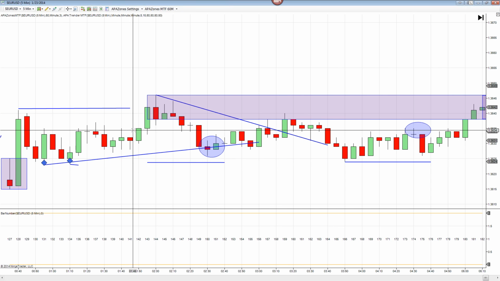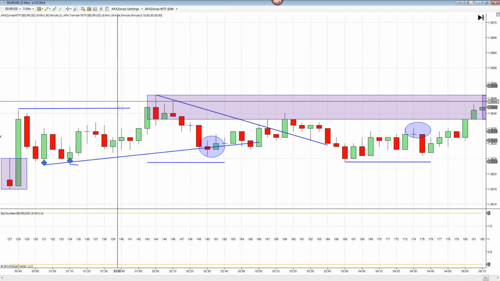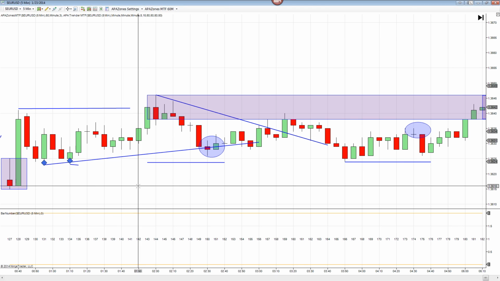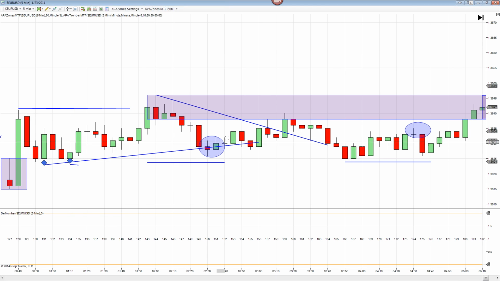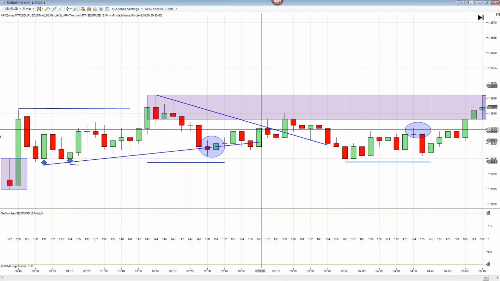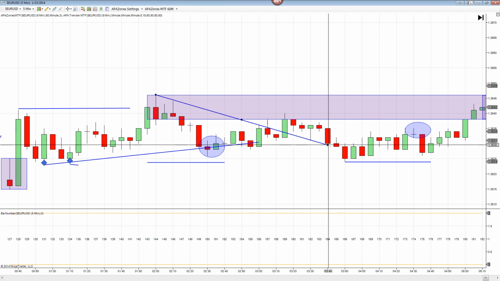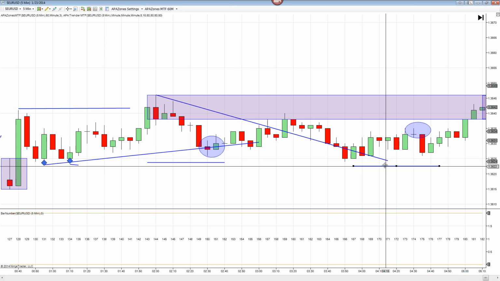Reading the bars, I have no idea where supply is and where demand is, and I think it's important to balance out the side of everything. I drew a trend line here just to give us a balanced side of the equation.